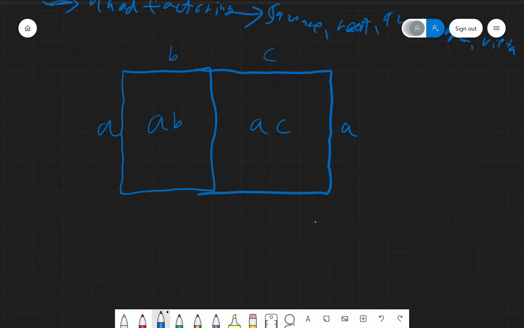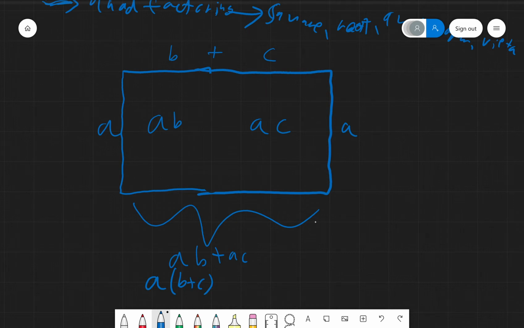So the area of the whole thing is AB plus AC. But if we did not have this line at the beginning, we just have one big rectangle, and one side length is B plus C, and the other side length is A. So the area is A times (B plus C).